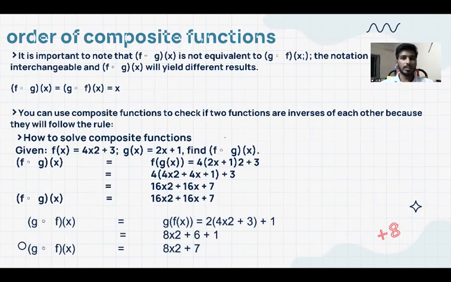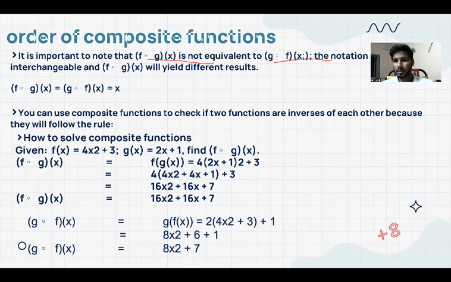What is meant by the order of the composition? In general, functions follow the commutative law, but the composite function does not follow the commutative law. If f composition g of x is not equivalent to g composition f of x, that means they yield different results.